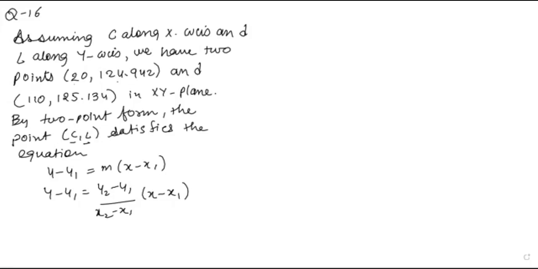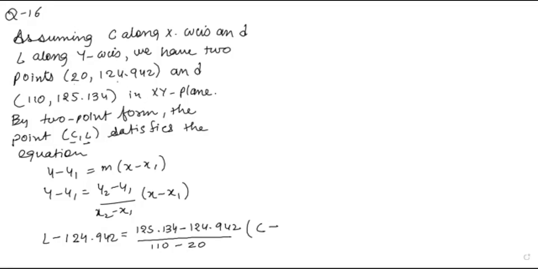So keeping all these values, I will have L minus 124.942 is equal to 125.134 minus 124.942 upon 110 minus 20, into C minus 20.